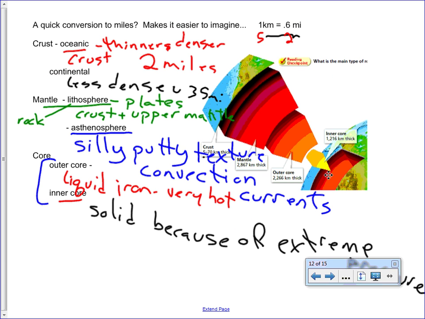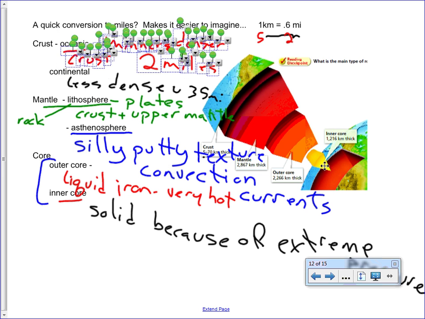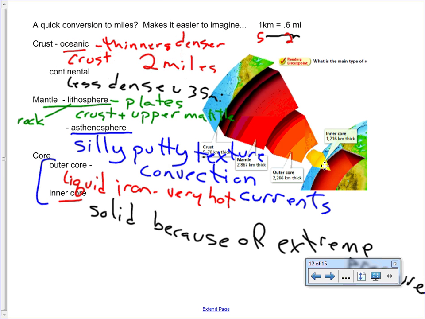And then this again is a picture from the textbook. I don't care if you know how deep each layer is in miles or in kilometers, but this is just generally for scale so you can see the crust. There's crust under the ocean, which is oceanic crust. There's crust in the continents.